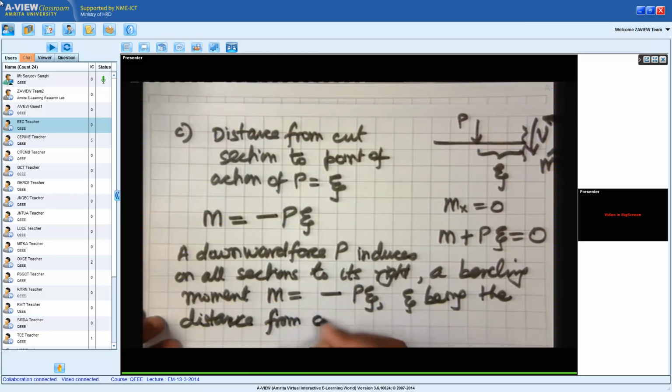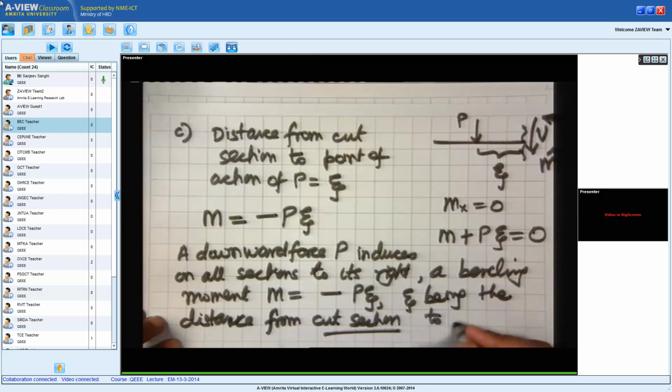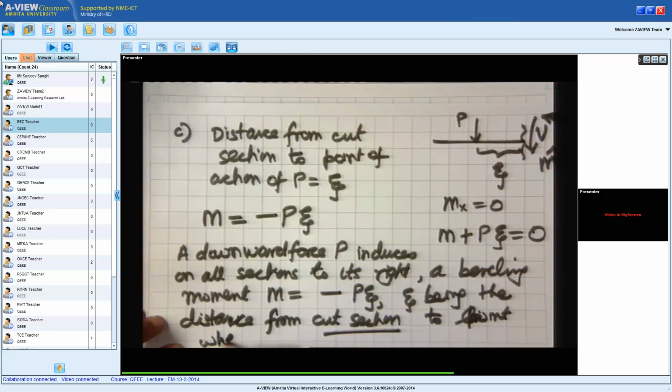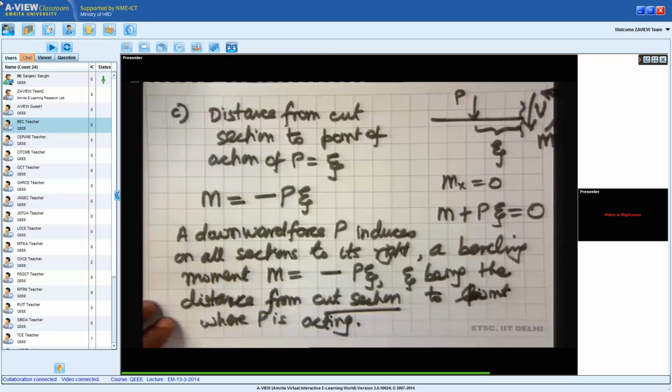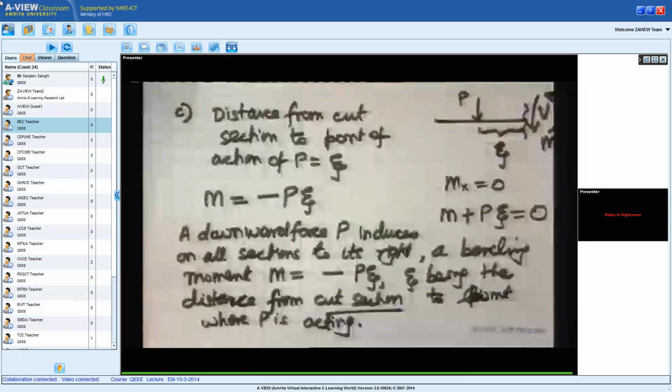See, this is not the distance from the origin. This is the distance from the cut section to the point where P is acting.